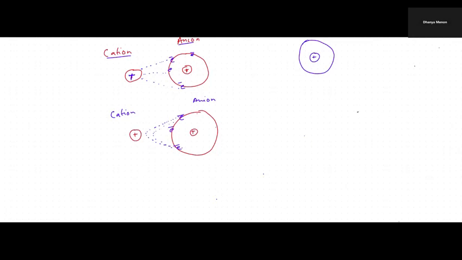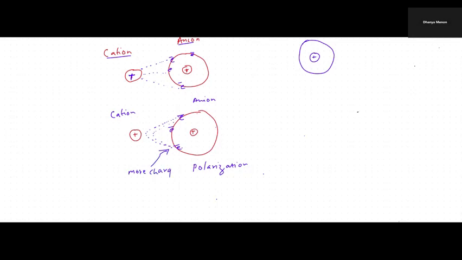Why? Because the cation is attracting the electrons of the anion and it appears that the negative charge is concentrated at one corner. And this is called polarization.